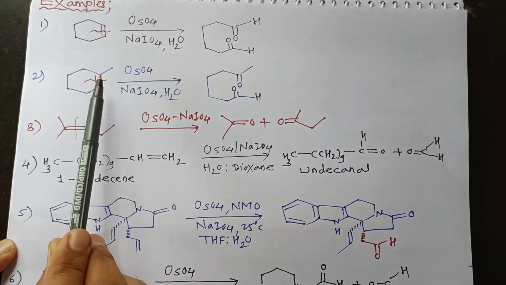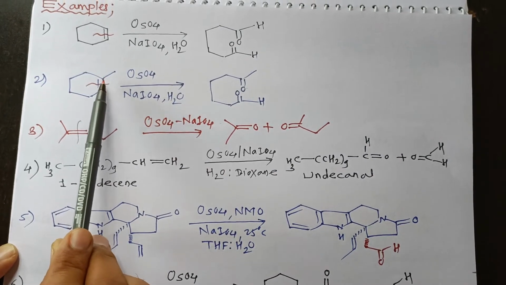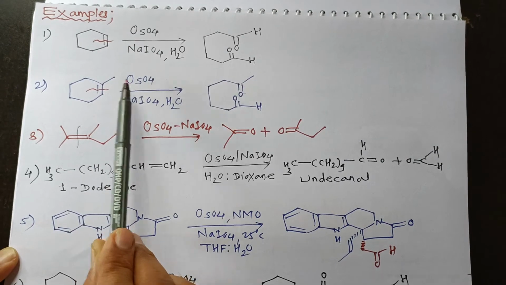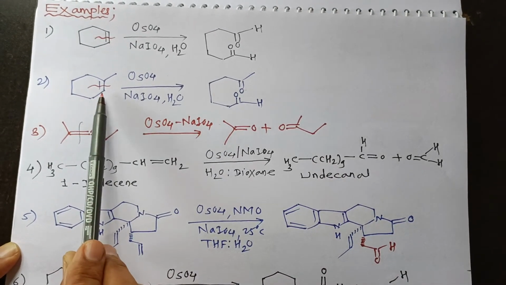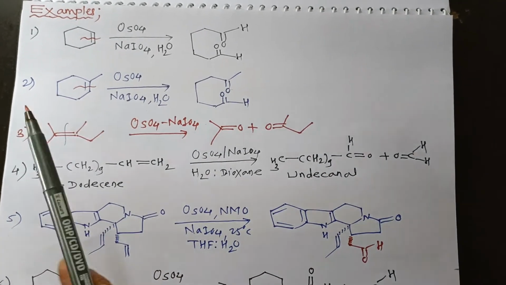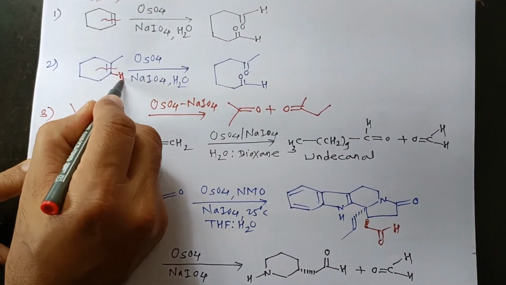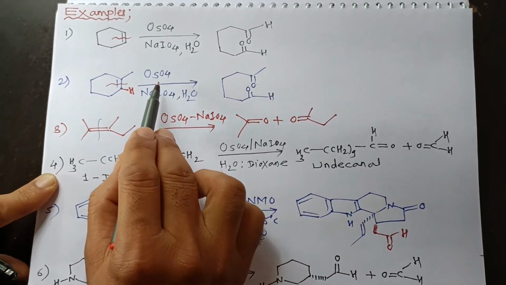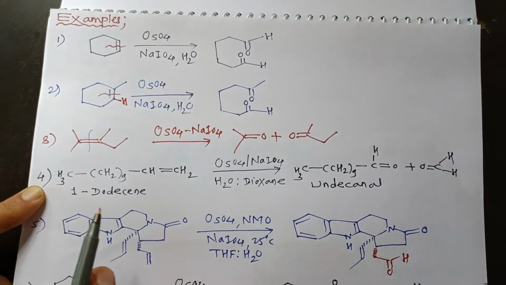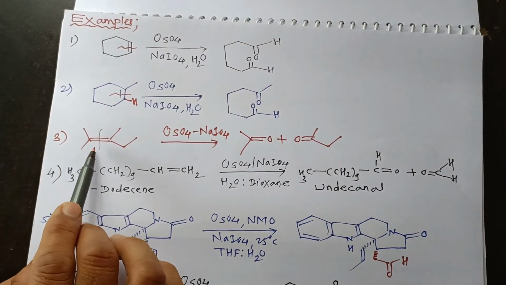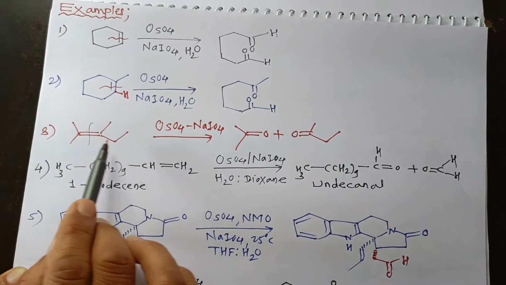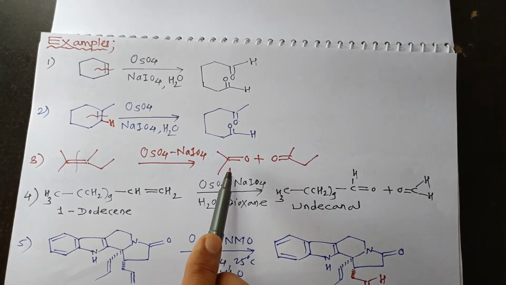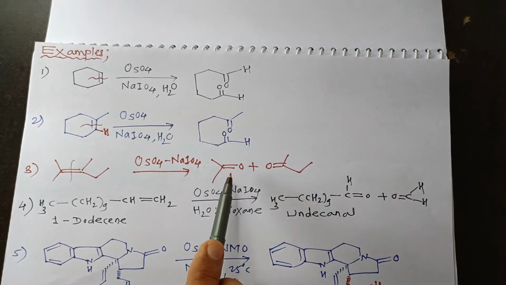In the next example, the carbon of the alkene is attached with a methyl group, therefore it forms a ketone, and the carbon attached with hydrogen will convert into an aldehyde on oxidative cleavage with osmium tetroxide and NaIO4. Look at the next example. Here we have a substituted alkene, so that alkene undergoes oxidation with OsO4 and NaIO4 and converts into ketones. So here we get two ketones.